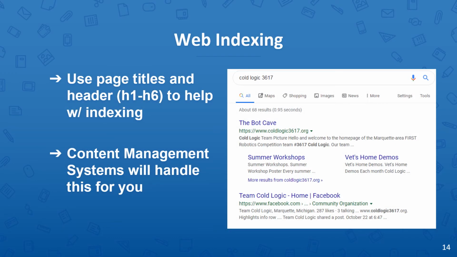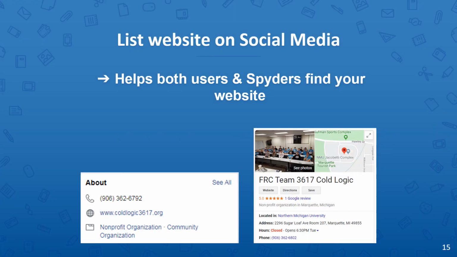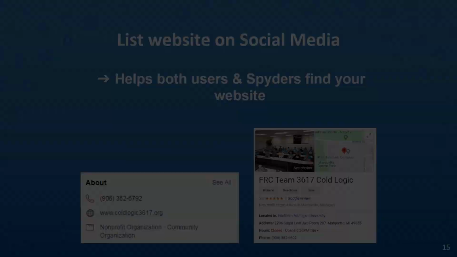To help the search engines properly index your website, you want to use page titles and headers when creating your site. If you're using a content management system, they will handle this for you. One way you can help both users and spiders find your website easier is by listing it on your social media pages such as Facebook, Instagram, and Twitter.